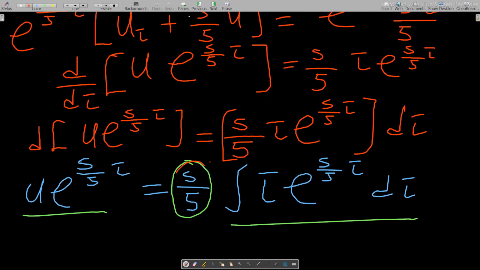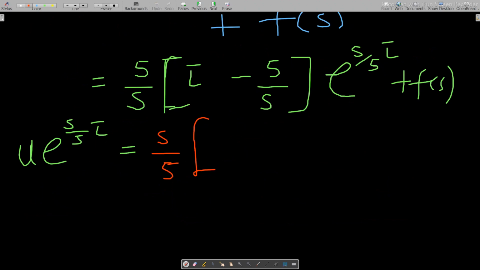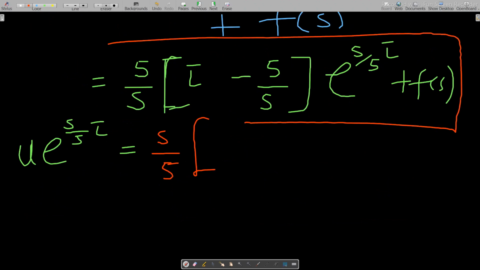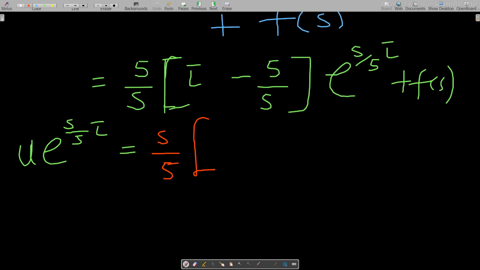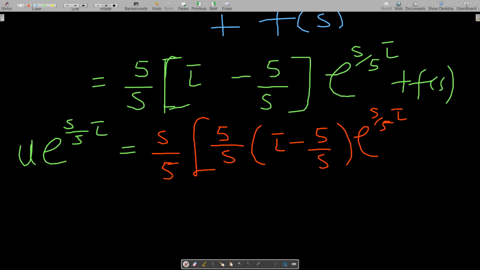There was this 5s over 5 here times this integral, and this integral gave us the whole of this. So I have 5 over s, then tau minus 5 over s again, then e to the s over 5 tau plus f of s.